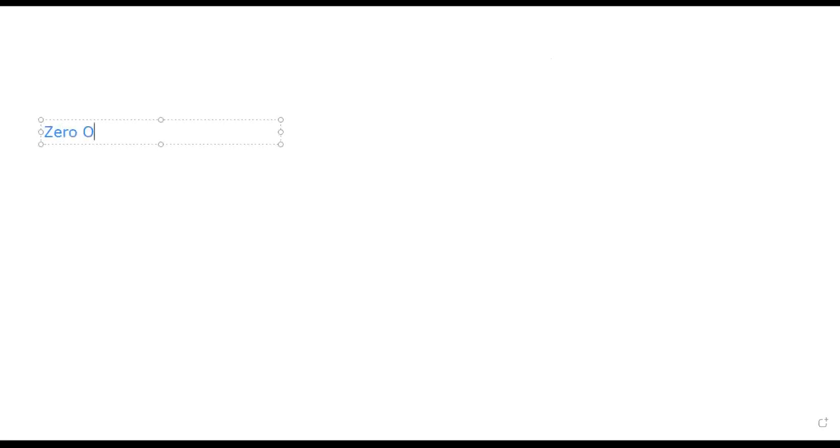Zero order, it was At equals a constant. I think the elimination constant, that's K. Or am I confusing?